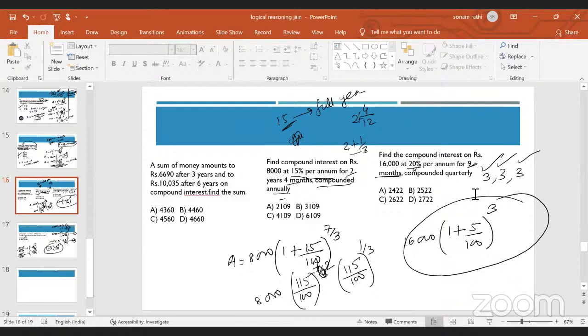So just divide 105 divided by 5. 21 into 21 into 21 upon 100 divided by 5, 20 into 20 into 20 into 16,000. Calculate. Option B, sorry? Option B? Yes, correct answer. Option B. Perfect.